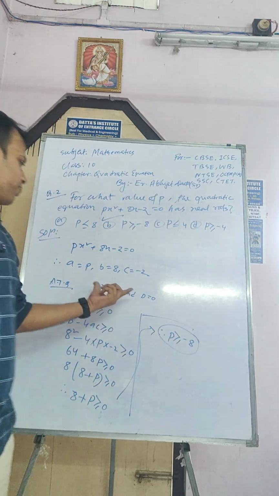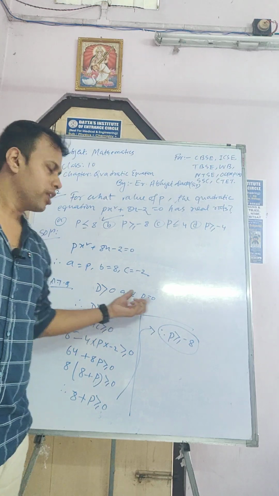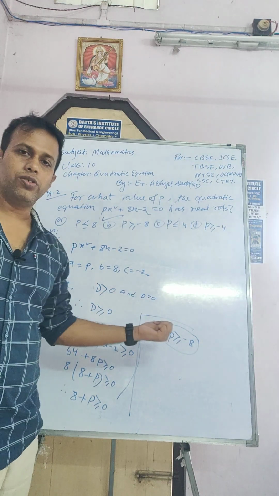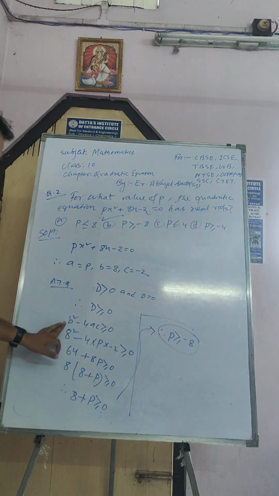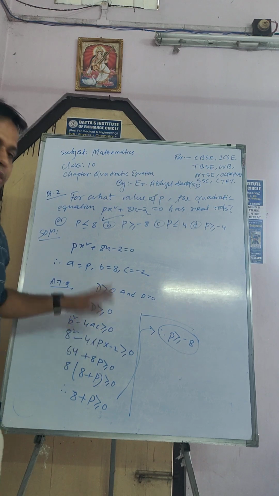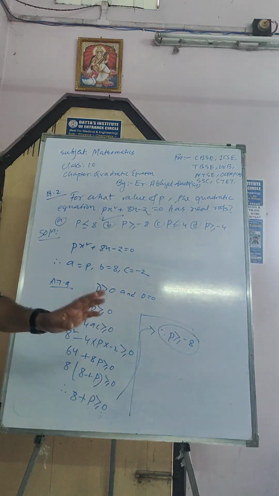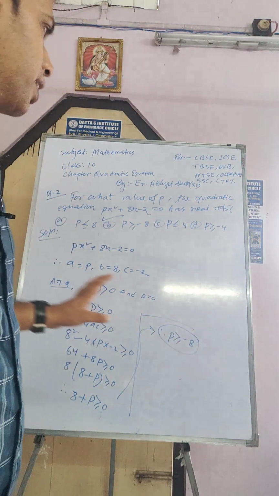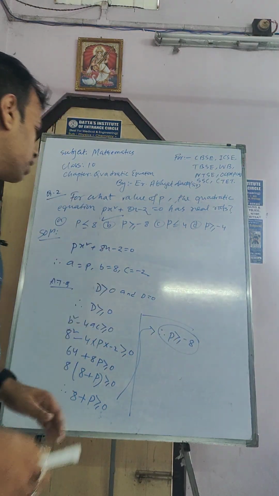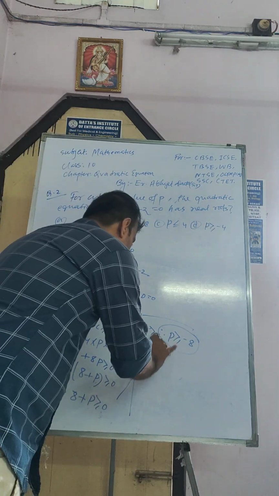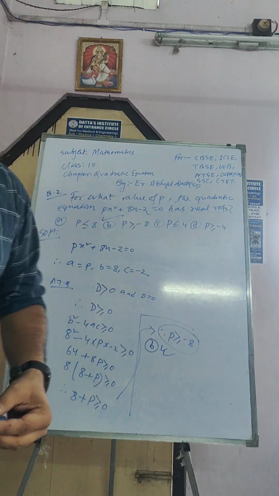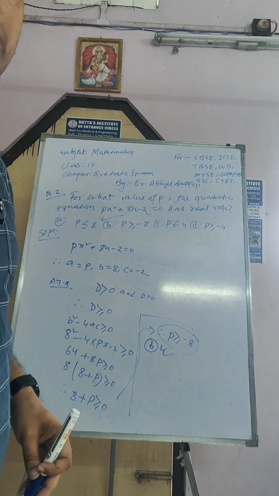So I write this condition in one form, that is D greater than or equal to 0. Now use the formula B square minus 4AC. After simplifying, what comes? 8 plus P greater than or equal to 0, that is P greater than or equal to minus 8. So option B is the correct answer. Okay, let's move on to the next question.